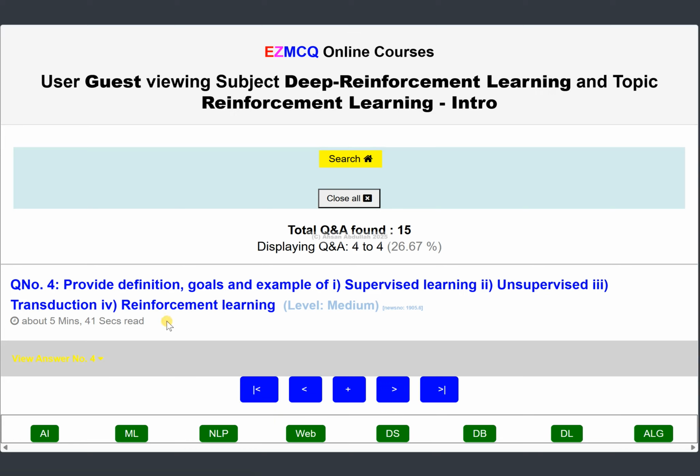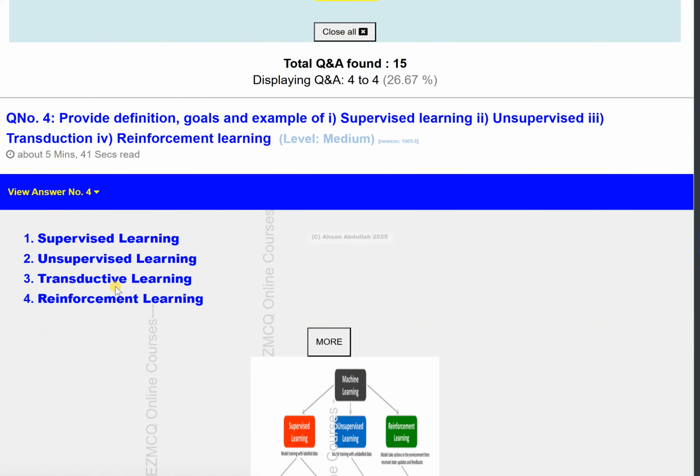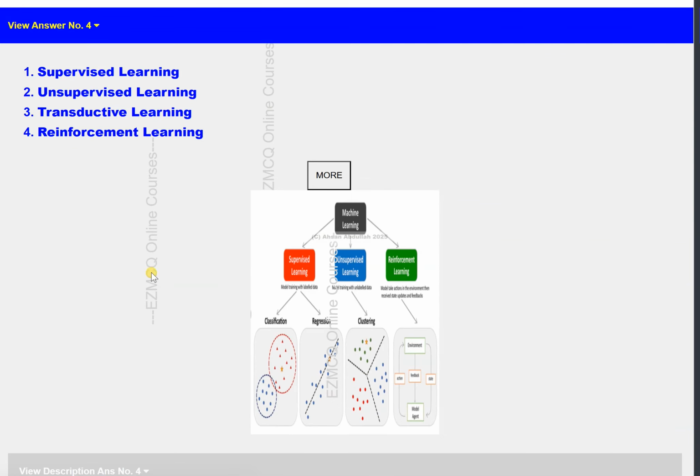So provide definition, goals, an example of supervised learning, unsupervised learning, transduction, and reinforcement learning. Now, these four paradigms, let me show you. So we're looking at these four paradigms here. We have machine learning, we have supervised learning, we have unsupervised learning, and we have reinforcement learning.